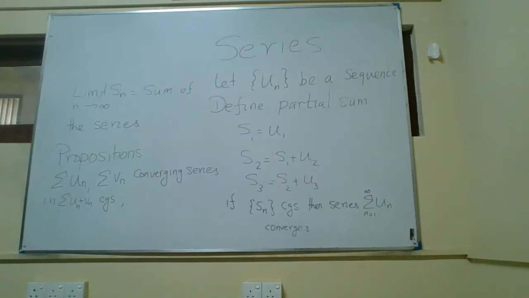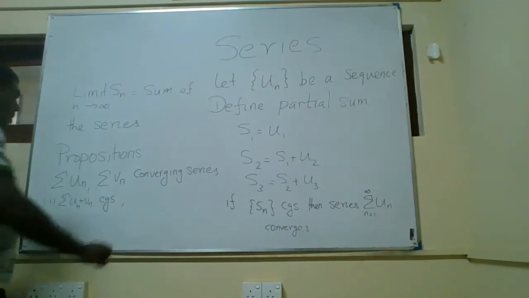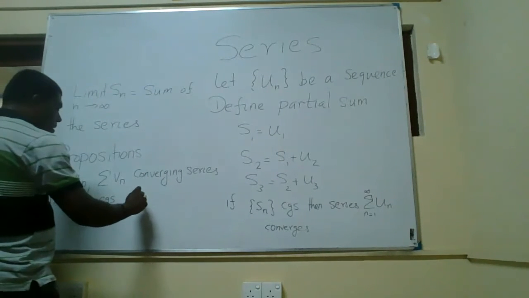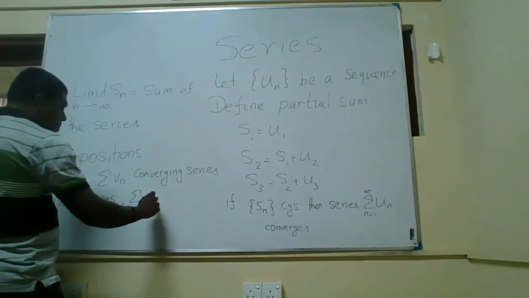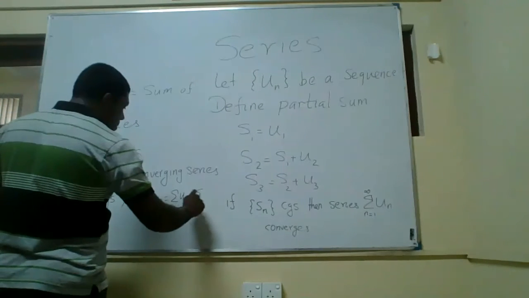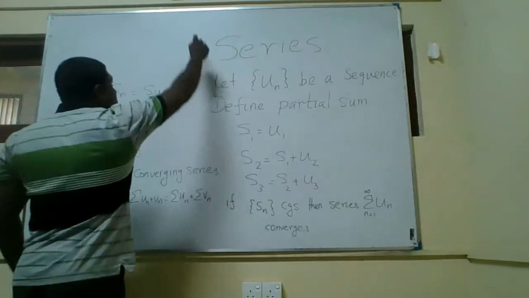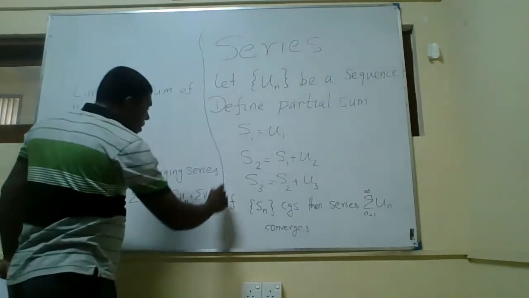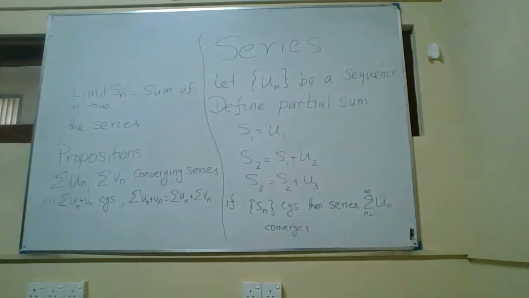In addition to that, the limit is summation of un plus summation of vn. So the limit of the sum of two series is basically the sum of the limits of the series. That's one result.